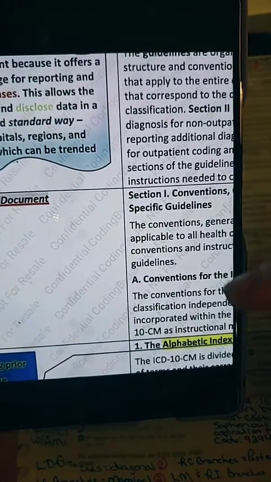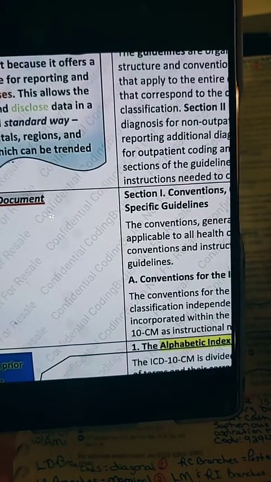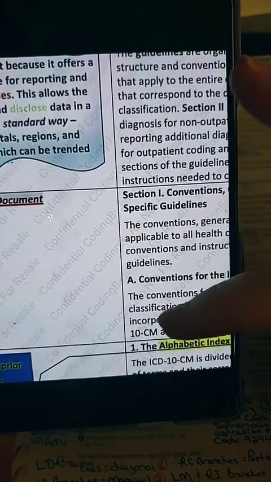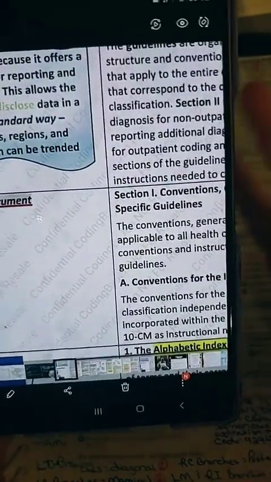It's in green, and then blue is second. Then you've got purple is third, dark blue is fourth, and then red is fifth.